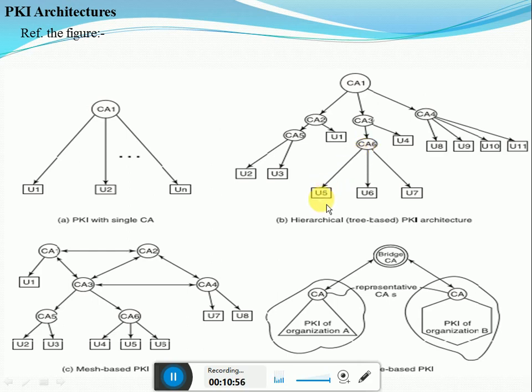Those chain of certificates are the certificate signed by CA1 vouching for CA3, then the certificate signed by CA3 vouching for CA6's public key, then the certificate signed by CA6 vouching for U5's public key. So in this chain, we need three certificates.